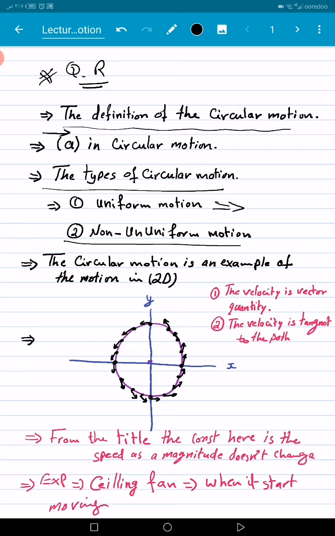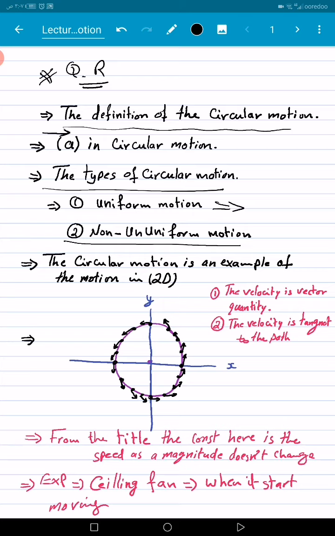The non-uniform motion means nothing is constant, all is variable, so the speed, or the velocity, changes. So today we start, and from the last lecture we know how you can find the angular position.